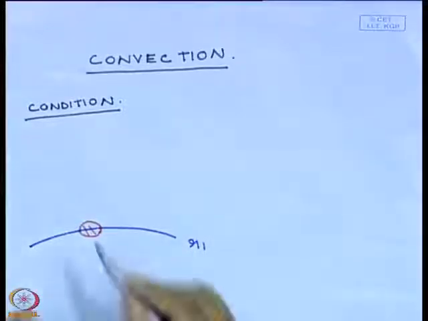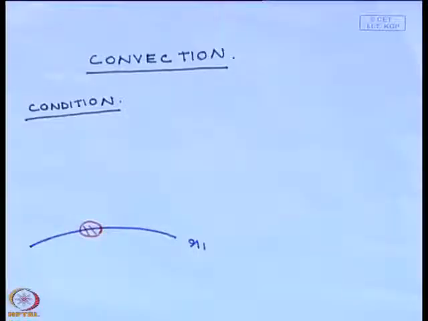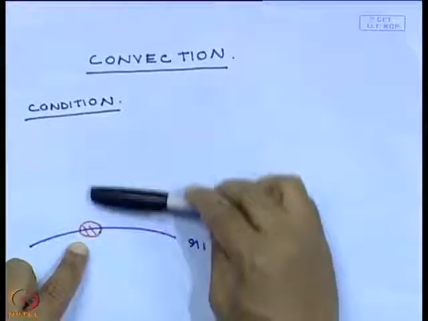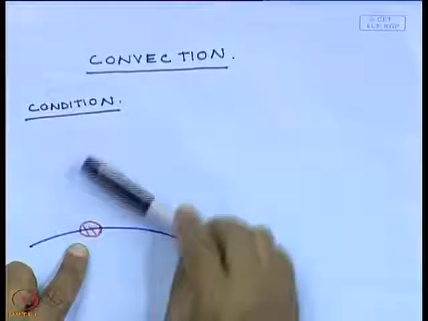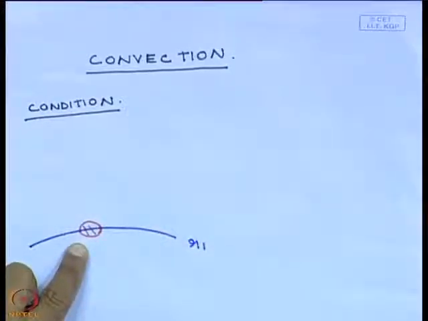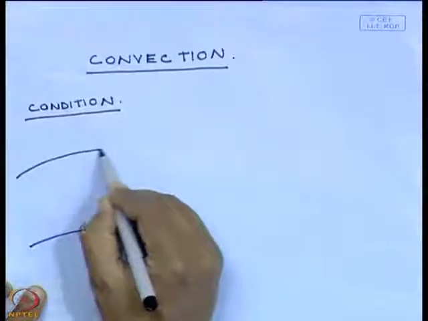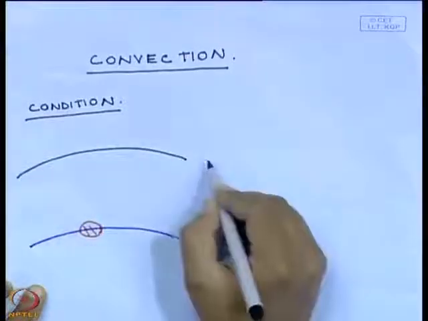Let me first describe in words what happens. There is this bubble over here, and consider a situation where it is slightly perturbed, slightly disturbed, to another position. Let us say that the bubble is disturbed to a slightly different position r2.